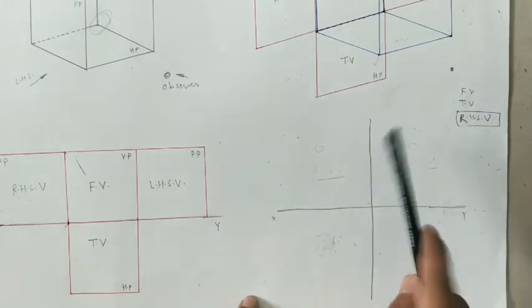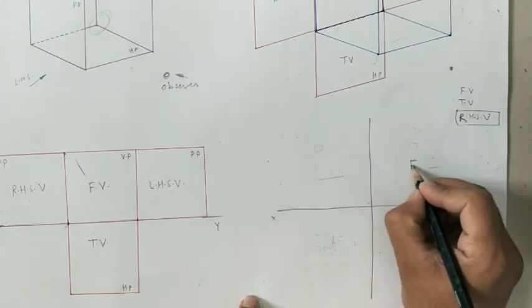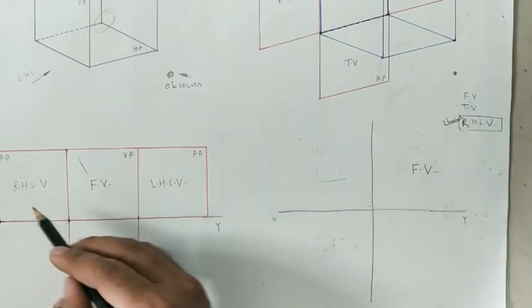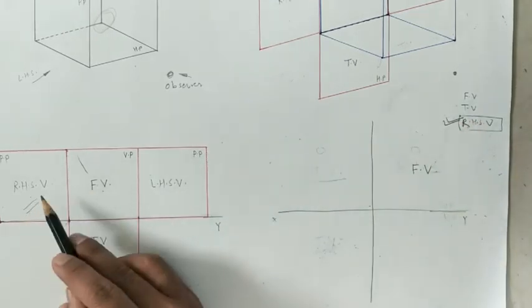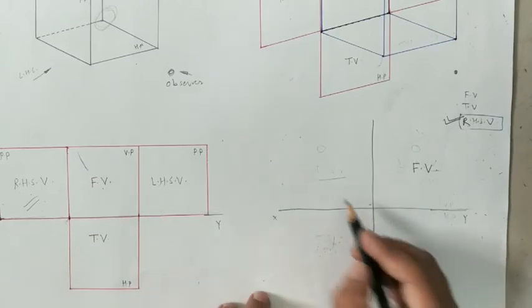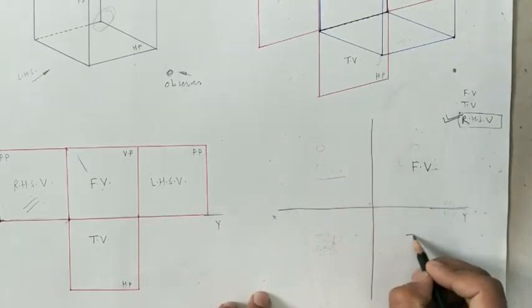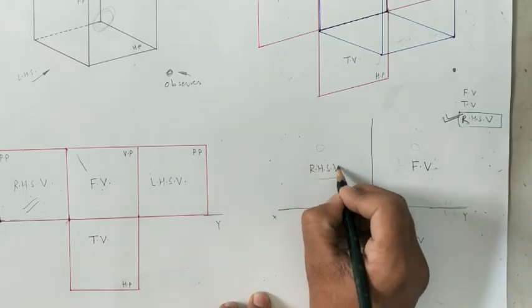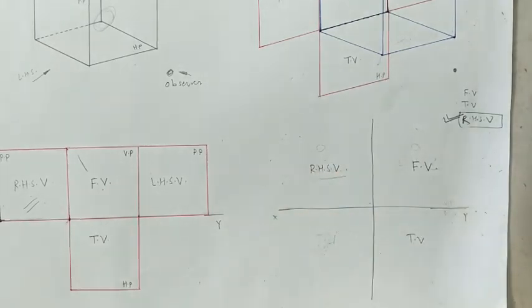Here, because we have to draw the right hand side view, and here you can see the right hand side view comes to the left hand side of the front view. So front view will be here, top view will be here, and the right hand side view will be here. So this is how you must know where to draw the front view, top view and the side view according to the first angle method of projection.